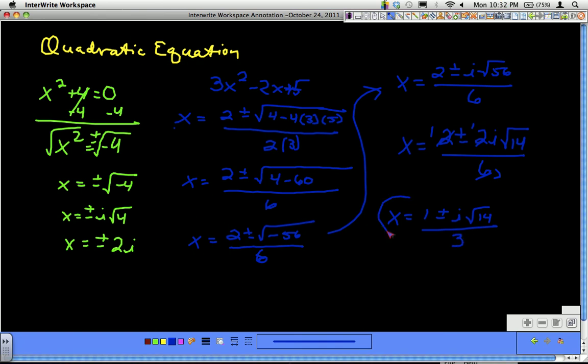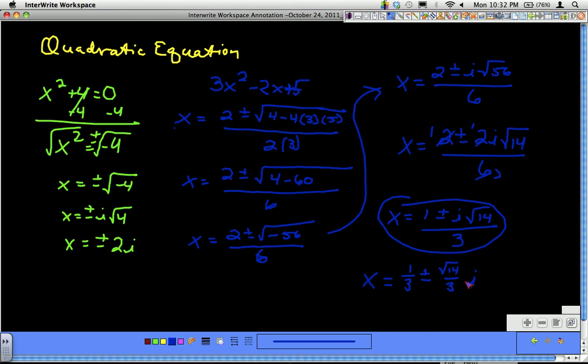The other way to look at this would be 2/6 plus or minus 2i square root of 14 over 6, which would basically just turn into 1/3 plus or minus square root of 14 over 3 times i. If I split this in half, it's going to be 1/3 plus or minus square root of 14 over 3 times i. And the only reason this is good is because it again looks like a plus or minus bi. So just another option for your answer.